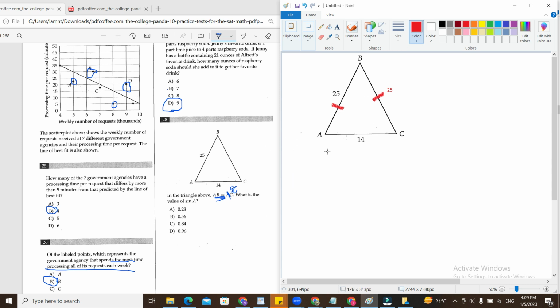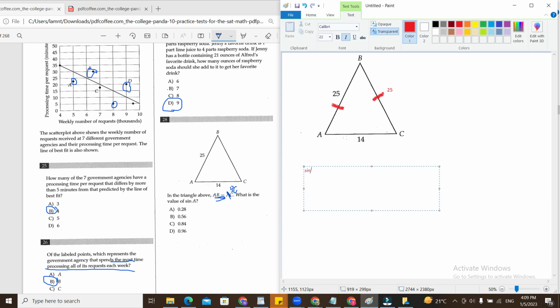So with this figure, they ask for sine A. Let's try to calculate sine A.